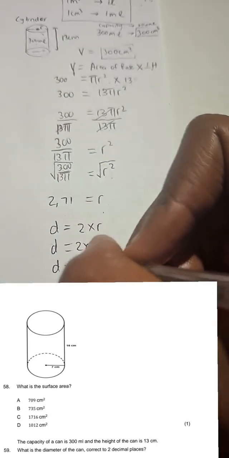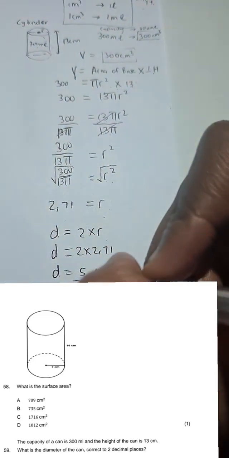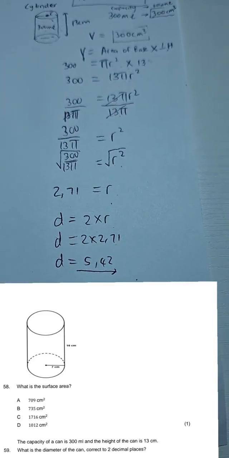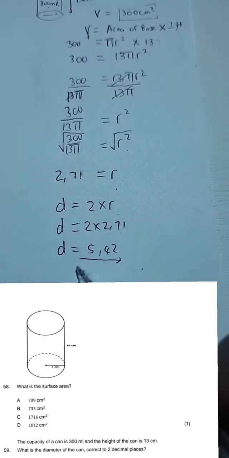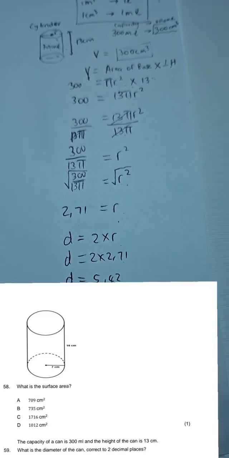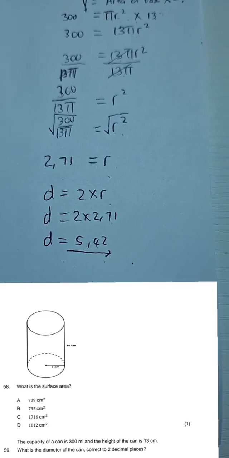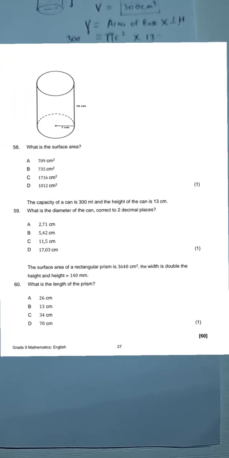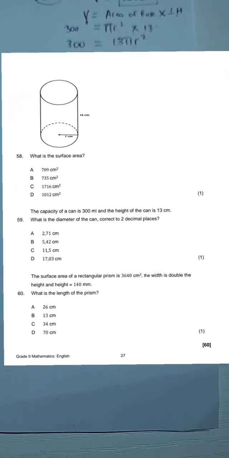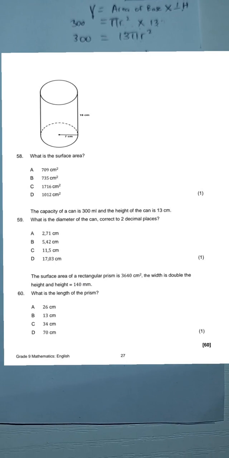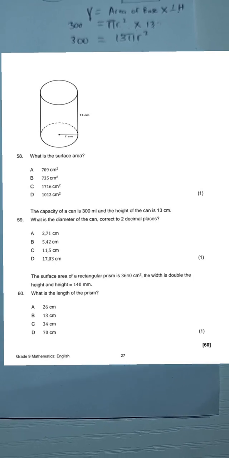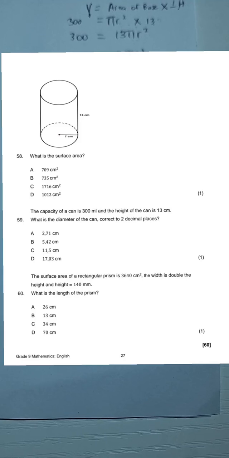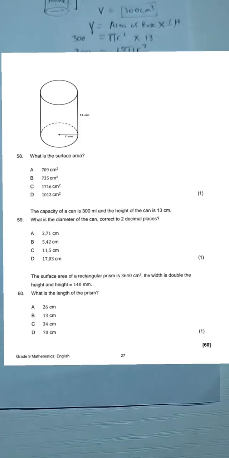5,42. Thank you very much. So that means the diameter is 5,42. Okay, so grade 9s, this is it. The diameter of the can corrected to 2 decimal places is 5,42.